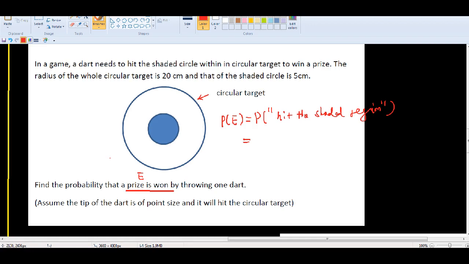To hit the shaded region, again you need to think about the ratio between the smaller circle and the larger circle, right? So it will be the area of the shaded part divided by the whole area.